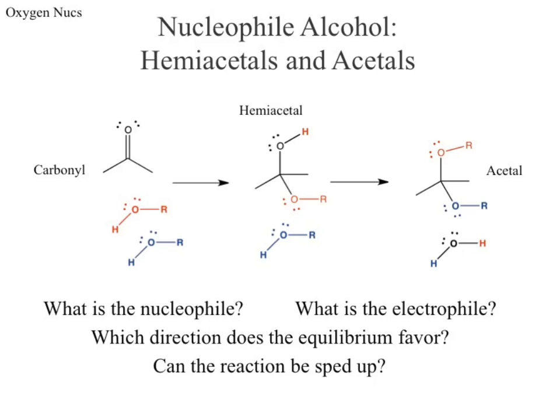So in these reactions, what is our nucleophile? What is a nucleophile in general? Negatively charged species. Nothing's negative. We need a lone pair of electrons to share. Okay? What is our electrophile?